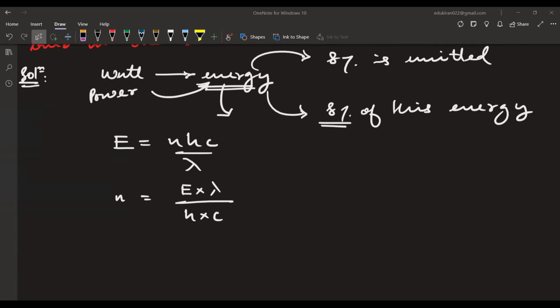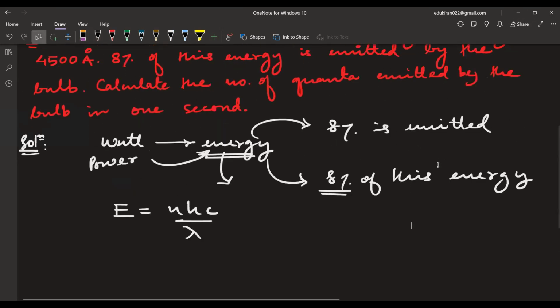Tell me, Iram, what should we do to find the number of photons? Should we divide the 12 by the number? No, no, no. What is the energy that you have got? Tell me. Energy is equal to 4.41 into 10 raised to minus 19. How did you get that energy?